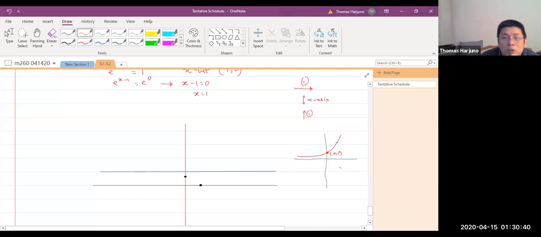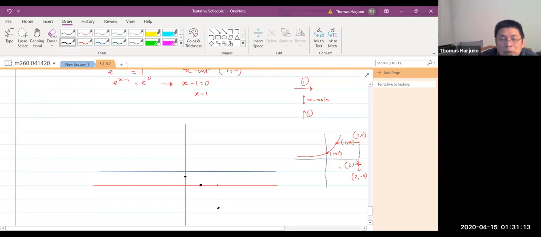How about this (1, e)? If I move 1 unit to the right, that's (2, e). Upside down, that's (2, negative e). And then I go up 1. That's (2, 1 minus e), so (2, negative 1.7) approximately.